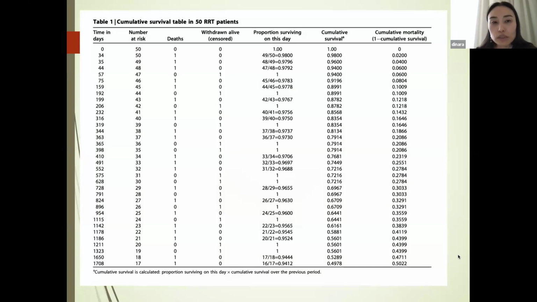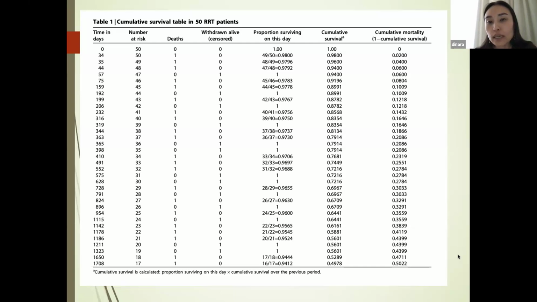So here are all the patients who were recruited and were at risk of death. The first column is the time in days. So let's say the first patient died on day 34 of the observation period, and the proportion surviving on this day would be 49 patients divided by 50.